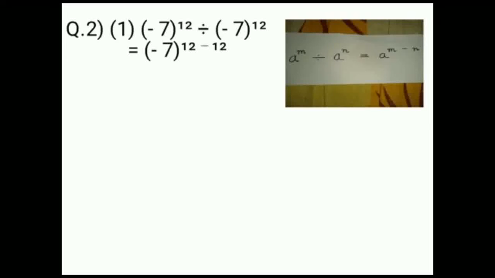Subtract only the index, base write as it is. That is equal to minus 7 raised to 0. 12 minus 12 is 0. If you got minus 7 raised to 0, answer will be 1. I told you any number or variable raised to 0 is answer is 1.